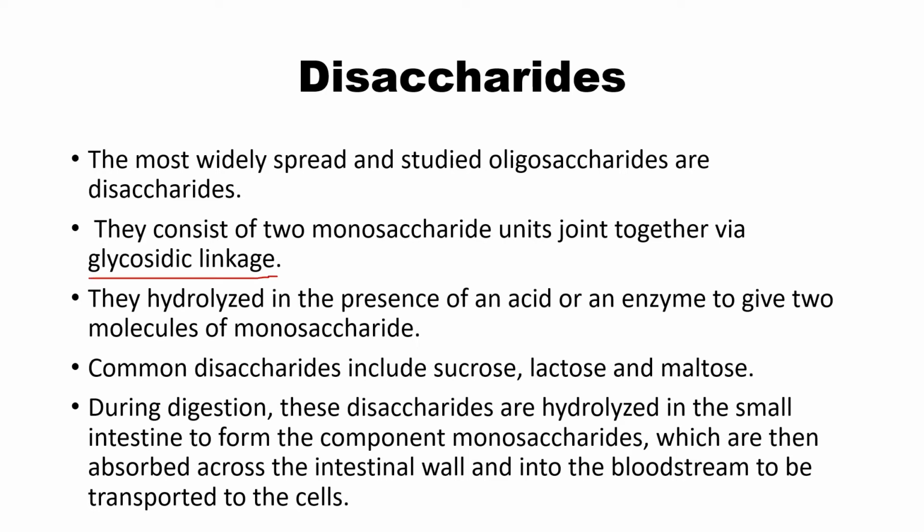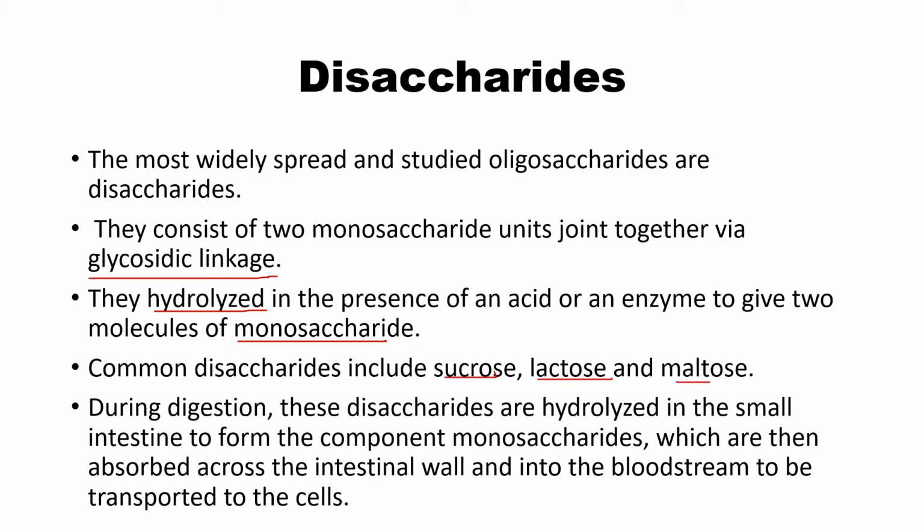The linkage between two monosaccharides which joins them is the glycosidic linkage. They hydrolyze in the presence of an acid or an enzyme to give two molecules of monosaccharides. Hydrolyzed means broken down in the presence of water. Understand?